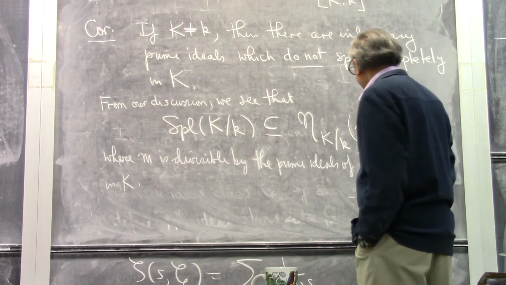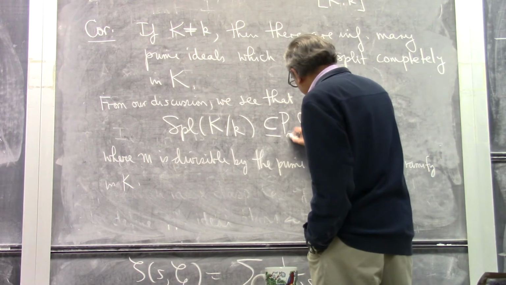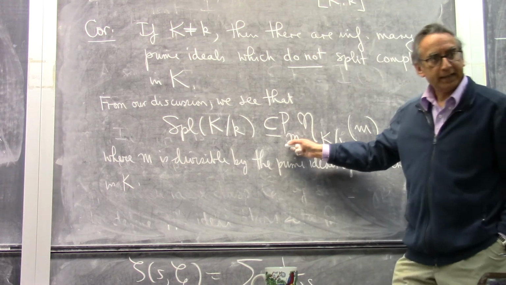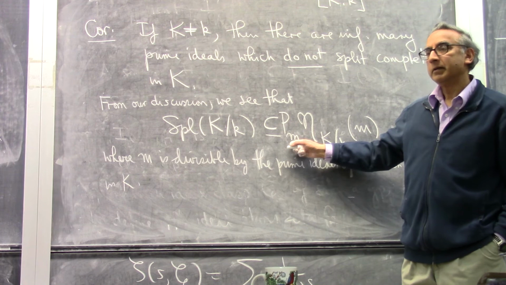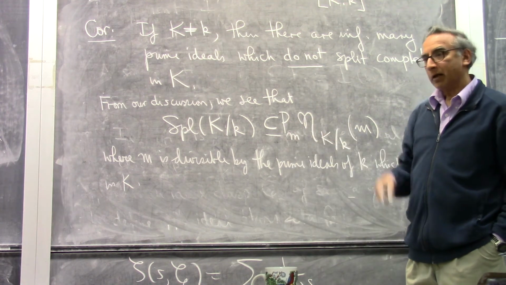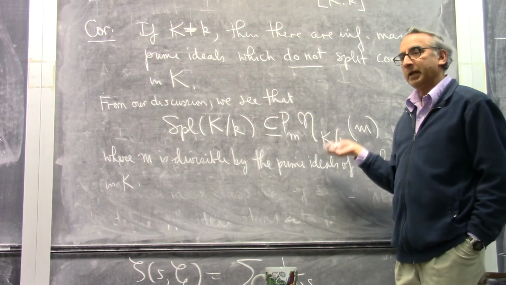Now, by our notation, I can shove in here P_m, because they've always contained the identity. P_m is the fractional ideals coprime to m satisfying that congruence condition, right? So this containment is of course there.